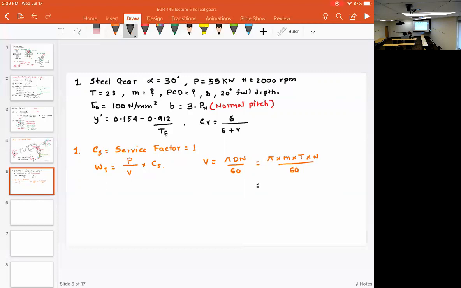So this equation is going to look like pi multiplied by m multiplied by the number of teeth they have given us, which is 25, multiplied by n, which is 2000, divided by 60. So this will give me the value of v. So power is equal to 35 kilowatts divided by the value of v. Can someone tell me quickly what is the value of v?